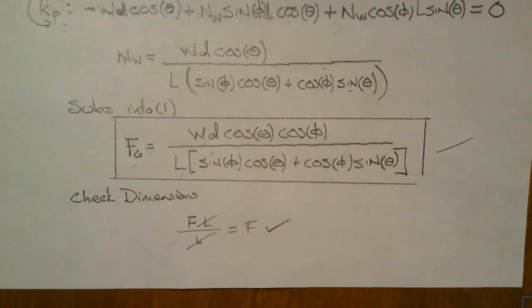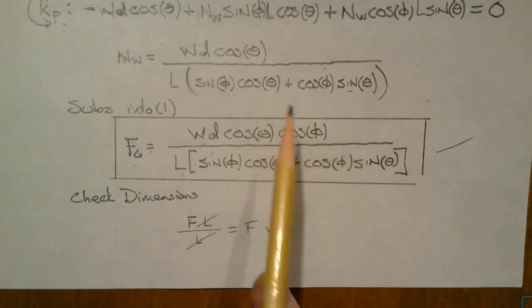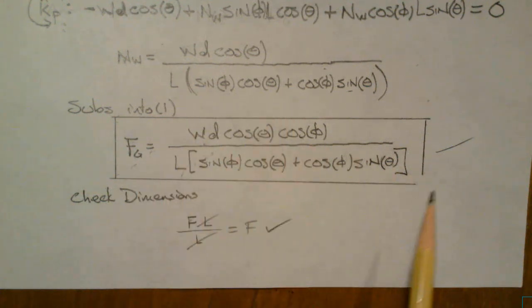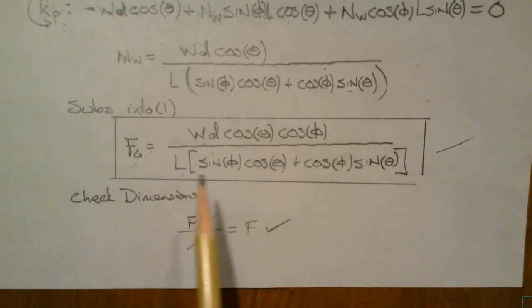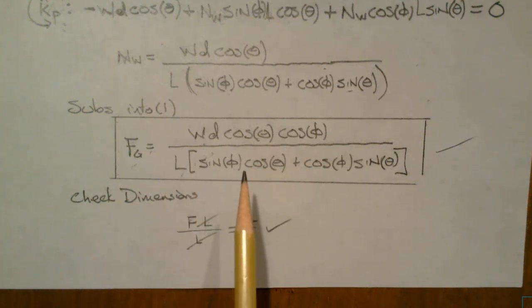And in particular, one thing that catches my eye when I'm checking if things make sense, look at this denominator. I'm dividing something by something else. This thing I'm dividing by, the denominator, it better not be 0, right?